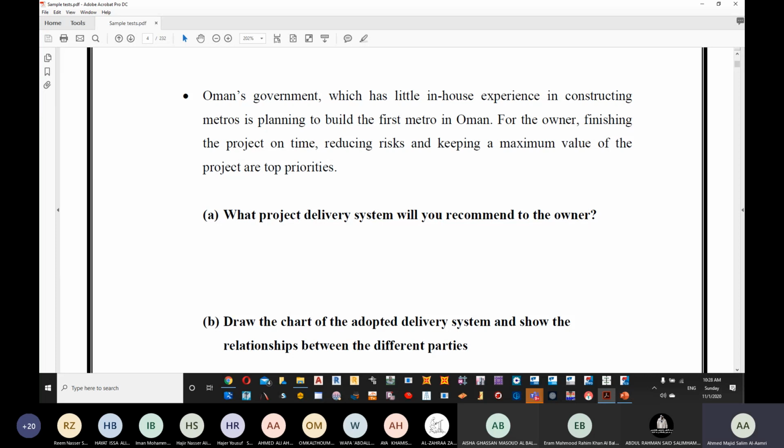Now, first thing, reducing risks. Can we choose design build if they are asking us to reduce the risks? Is it a method where risks are less, with design build where the company is there, or is the risk high?